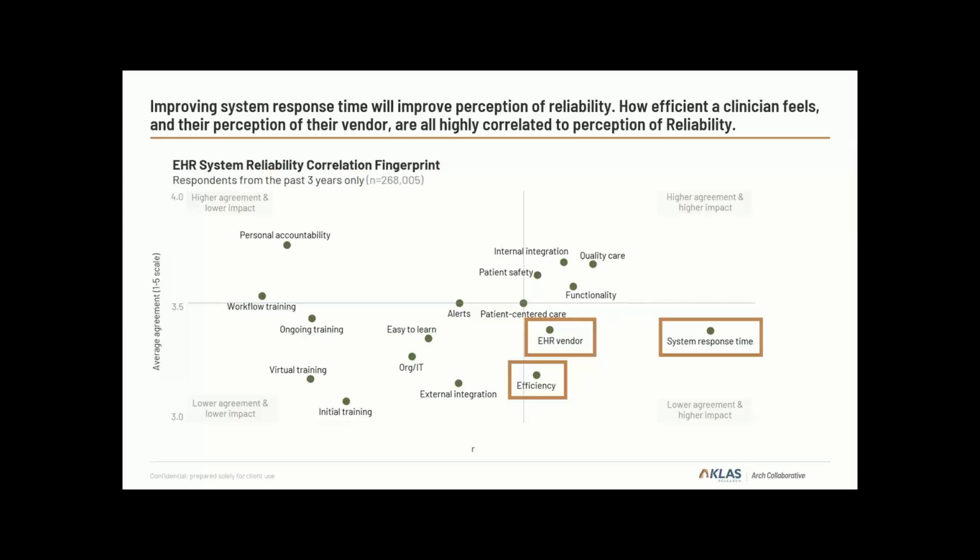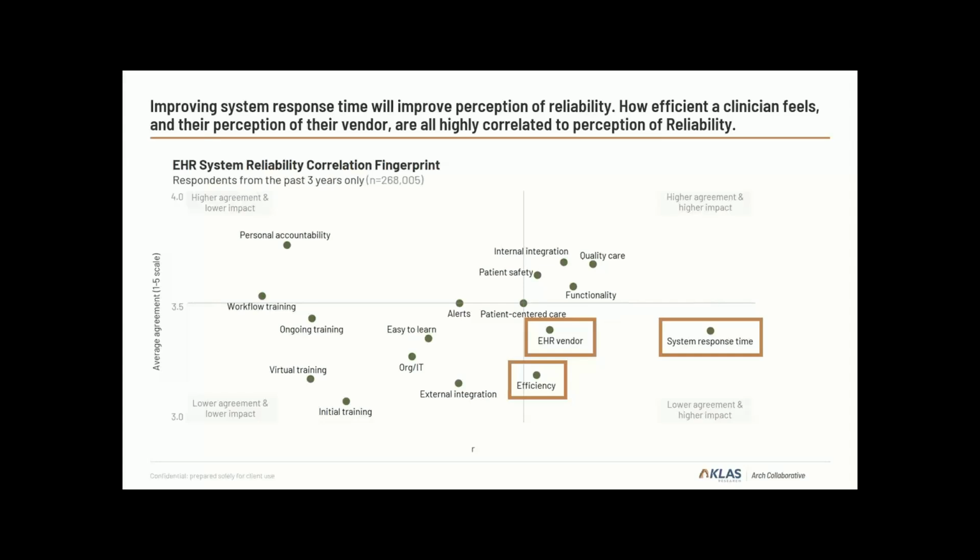Look at efficiency for a second and think about this. I'm talking to health systems every week, and in the last year, I've noticed every health system I've spoken to, almost without exception, has either recently purchased an ambient speech system or is in the process of purchasing one.